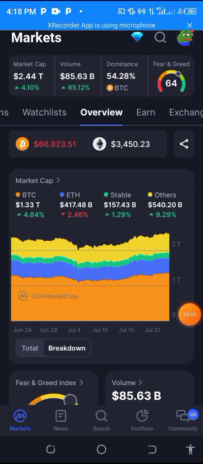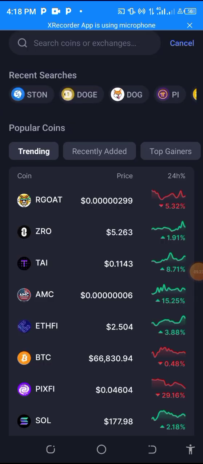There are lots of cryptocurrencies on this application alone. You can make money from these cryptocurrencies just by getting to know the information I'm going to share with you in this video right now. All you have to do is go over to this search icon and click on it.